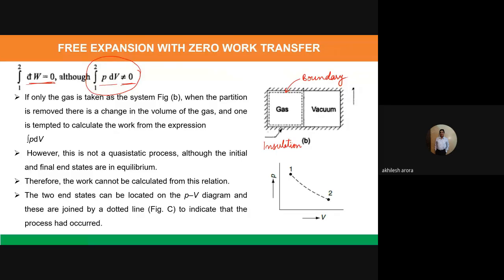If we consider only the gas, the PdV won't be equal to zero, meaning there is a change in volume. If we consider the boundary with gas and vacuum, there is no change in the total volume of the system. But yes, the volume of the gas is changing, but we cannot consider it as a work transfer.